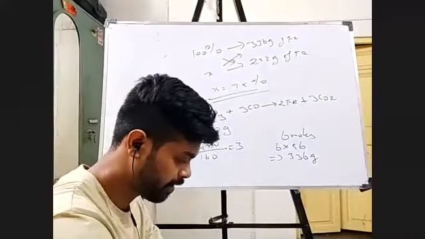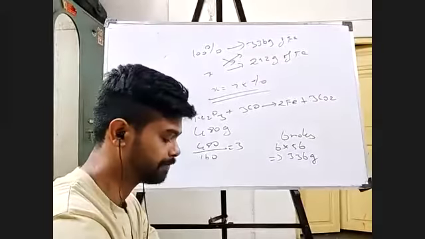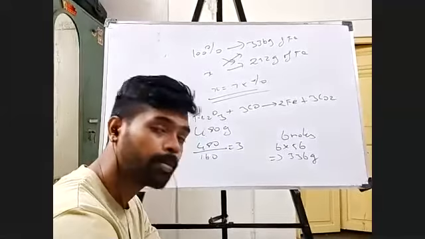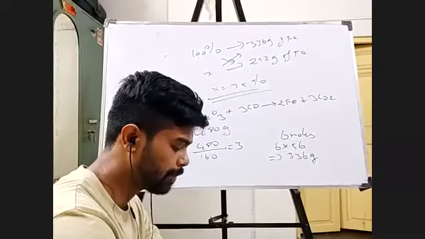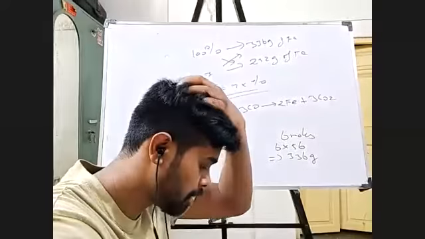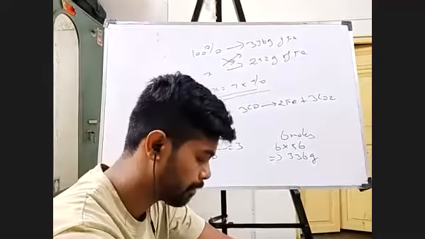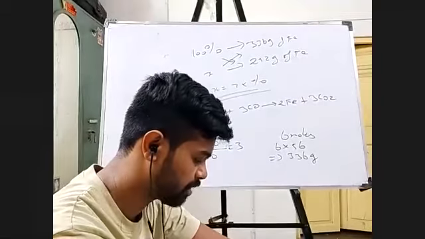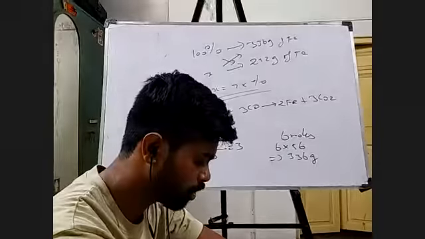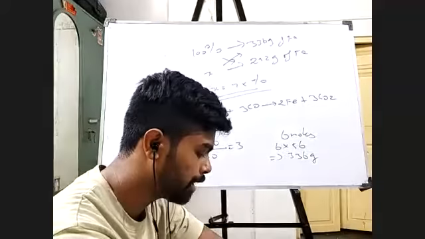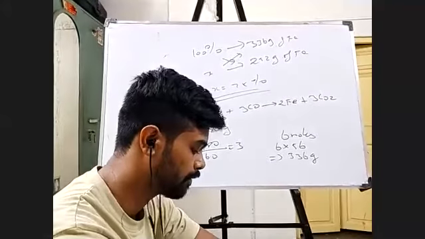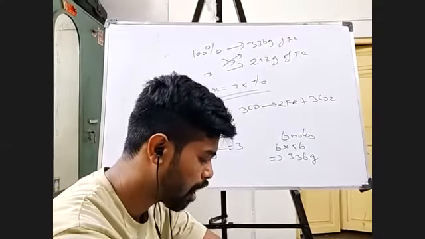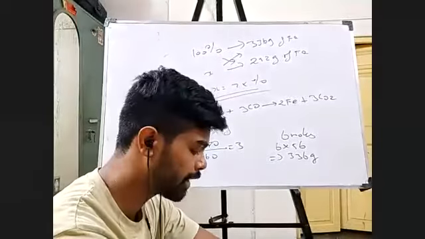Okay, ready? I'll give you the question. 100 ml of 20.8 m by v percentage BaCl2 solution is mixed with 50 ml of 17.4 m by v percentage K2SO4 solution.